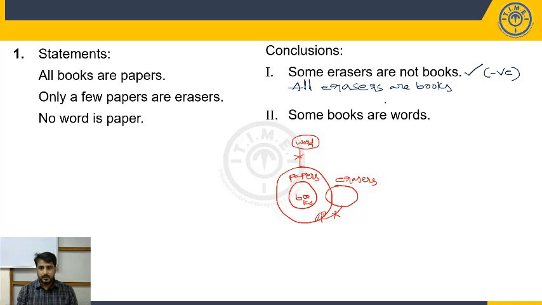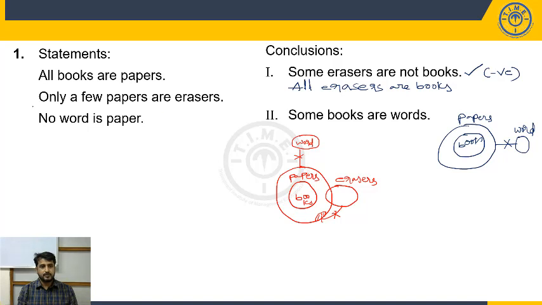All erasers are books. Can we place all erasers within the books? Let's check. As per the given statements, first of all, books should be inside the papers, and there should not be a relation between paper and word.